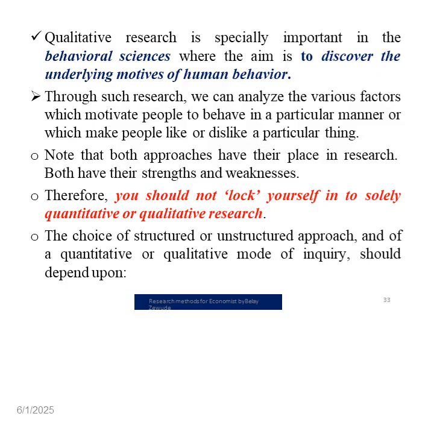You can explain in terms of quality, good, bad, and the like. Through such research, we can analyze various factors which motivate people to behave in a particular manner, or which make people like or dislike particular things. You can say that is like or dislike, or bad or good, and the like.